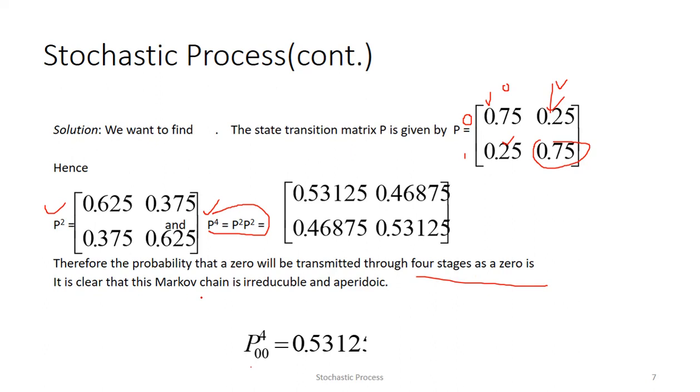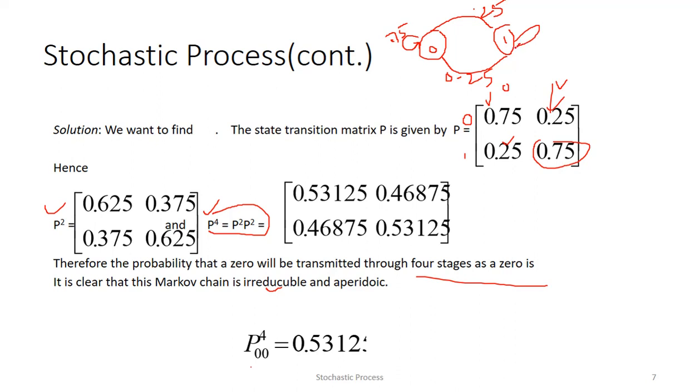It is clear that the Markov chain is irreducible. How can we say that it is irreducible and aperiodic? When you draw the graph, you can easily understand. Here 0 to 0 is 0.75, 0 to 1 is 0.25, 1 to 0 is 0.25, and 1 to 1 is 0.75.